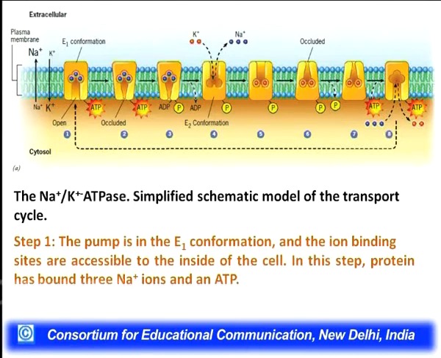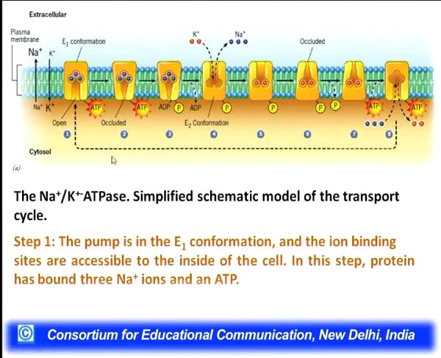Step 1: this is the sodium-potassium ATPase, a protein molecule, and it is said to be in a particular conformation, termed for example the E1 conformation. As you can see, this is the extracellular environment, and we will walk through all these 8 steps.